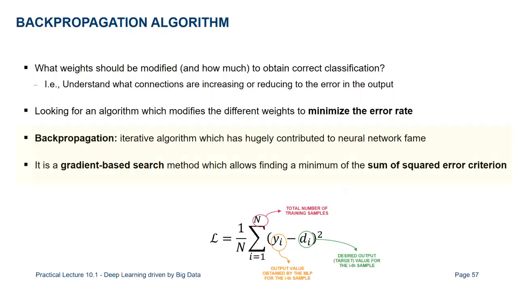Basically, we're trying to understand what are the connections that should be intensified or reduced in order to have the least error possible in the output. The backpropagation algorithm is the most fundamental building block in your network, and of course the first thing that you will learn whenever you start to work in this domain. It was actually introduced in the 1960s, so it's quite old.